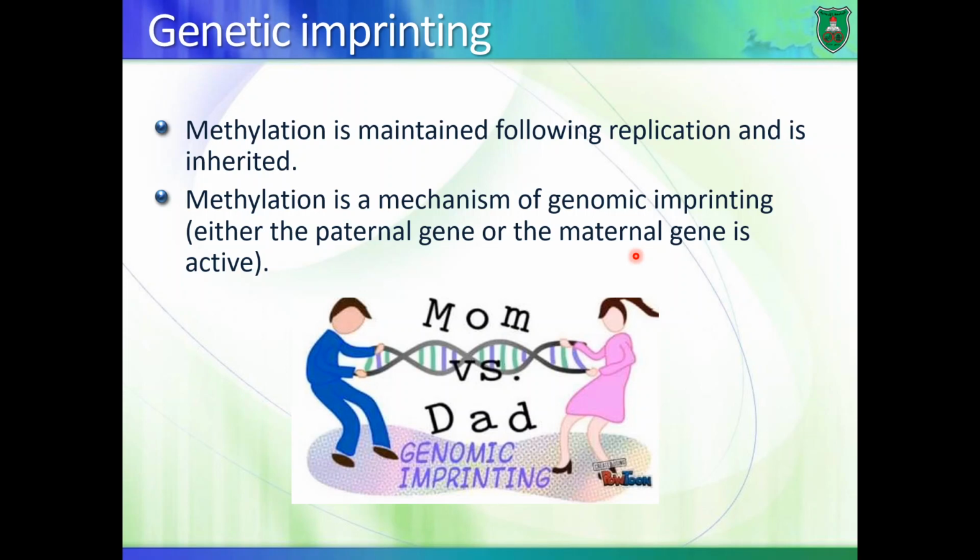Some genes can be imprinted, meaning that any one of us, for a specific number of genes, must have the maternal gene that is activated. All of us. For other genes, the paternal gene must be activated and the other must be inactivated.